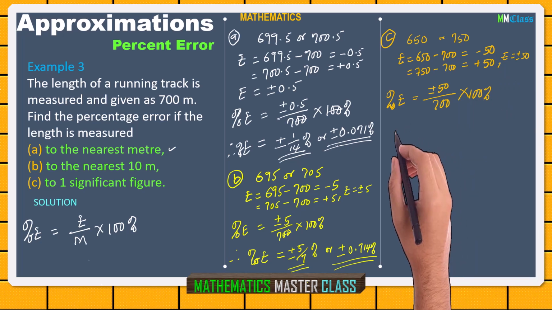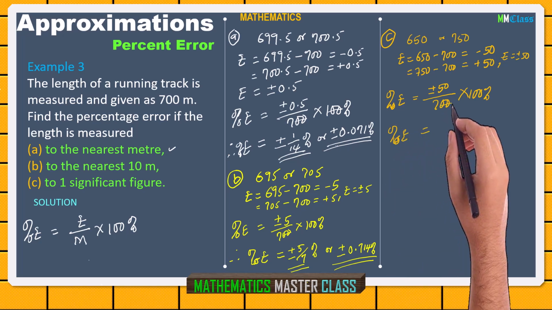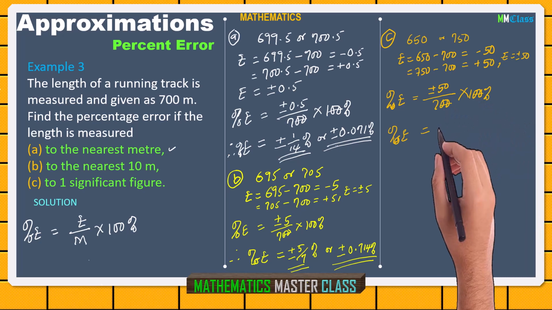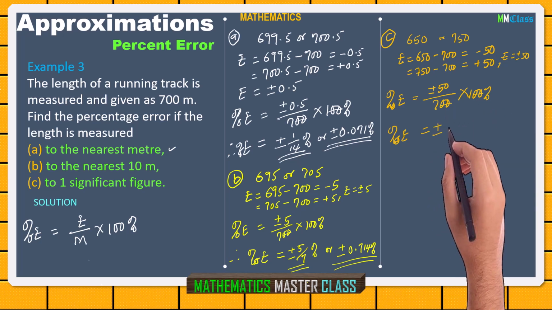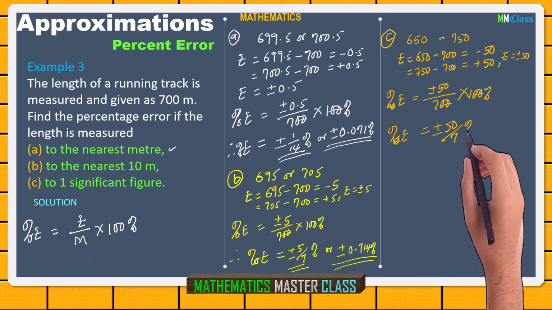If we continue our calculation, the percentage error will be equal to, this cancels this, this cancels this, so we have plus or minus 50 over 7%.